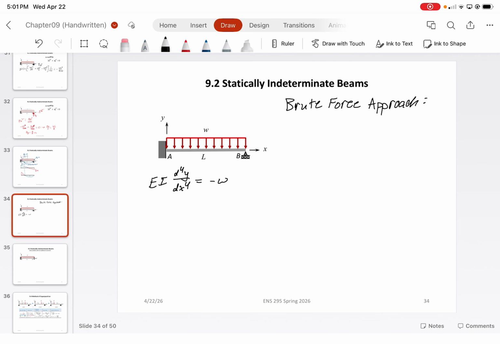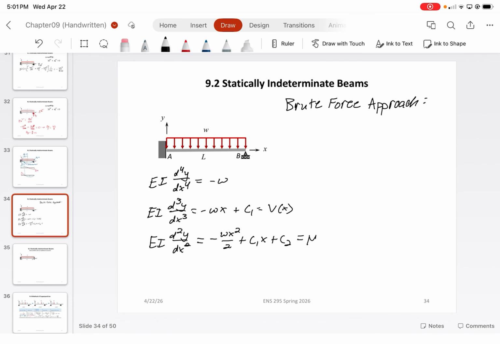From there, we can integrate. We would get EI d cubed y over dx cubed is equal to negative w times x plus c1. And we know that that function is going to equal the shear force equation. Expanding even further, EI d squared y over dx squared is going to give us negative wx squared over 2 plus c1x plus c2, and we know that that is the bending moment equation.